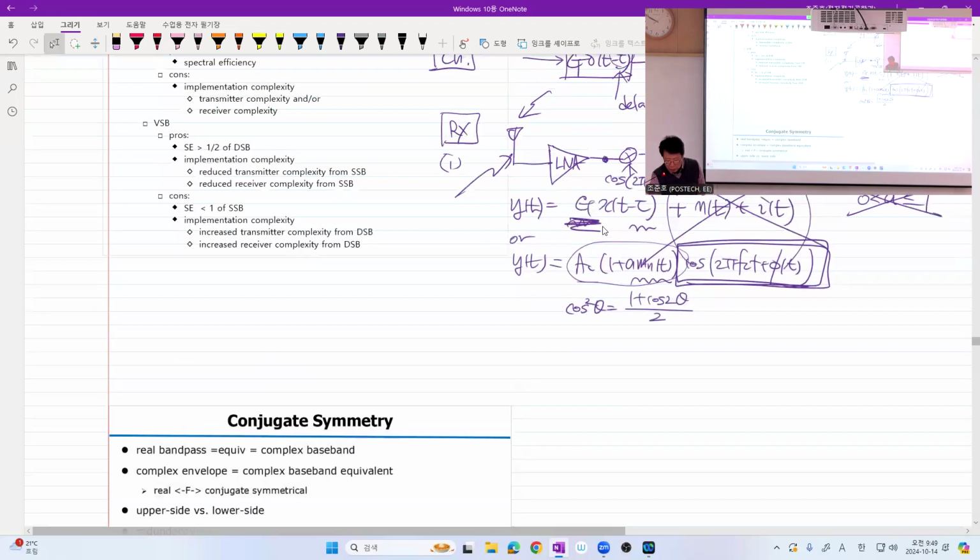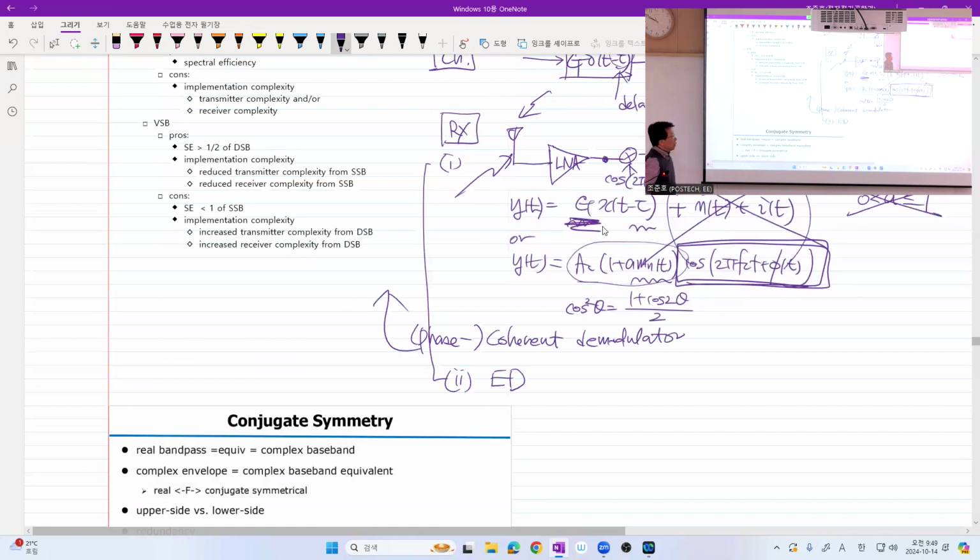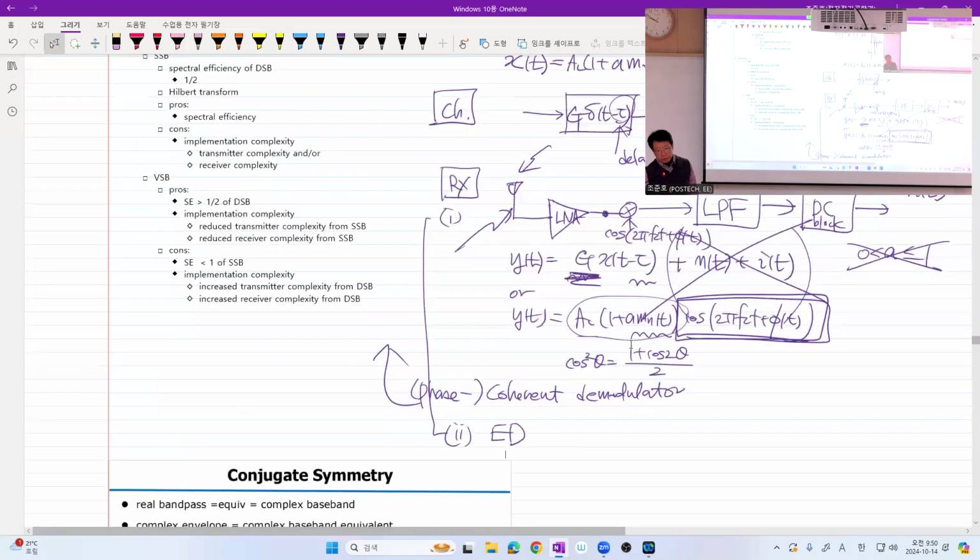So this is the coherent, or sometimes phase-coherent, demodulator. And here goes the envelope detector. An envelope detector is especially devised for AM, actually.